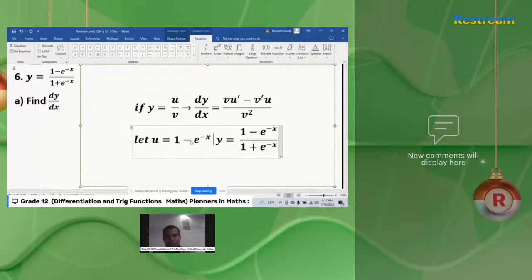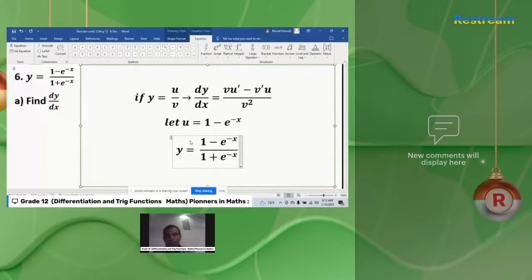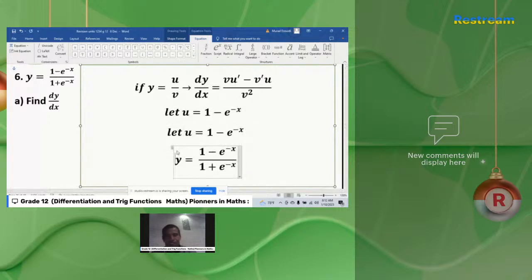And let also v equal 1 plus exponential minus x. Therefore, to find the first derivative of the function, we will apply this one.